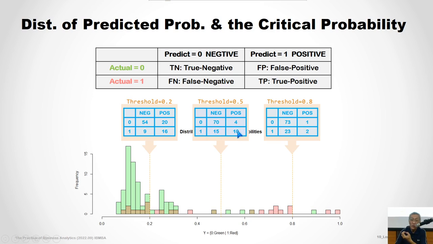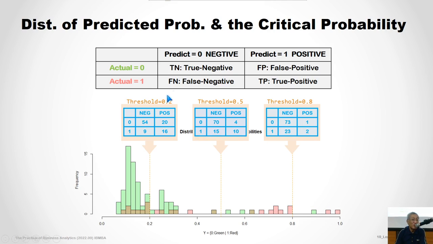So for these 10 points my prediction is correct, and for these 4 points my prediction is wrong. On this side, I have 85 points, and within these 85 points, 70 are actually 0, so my prediction is correct. But for these 15 points, my prediction is wrong. See that?